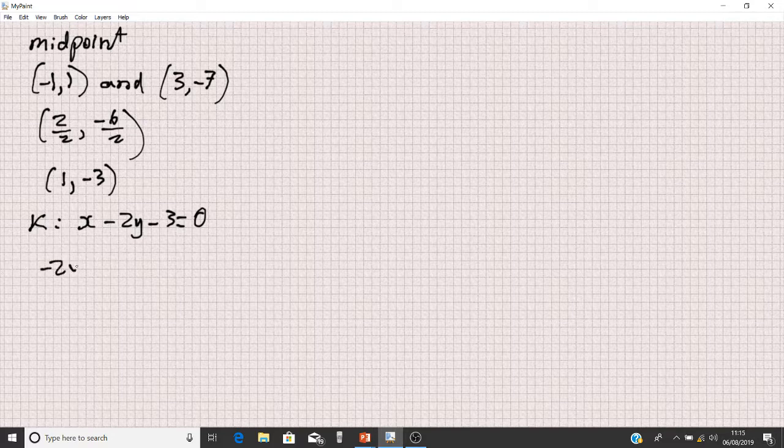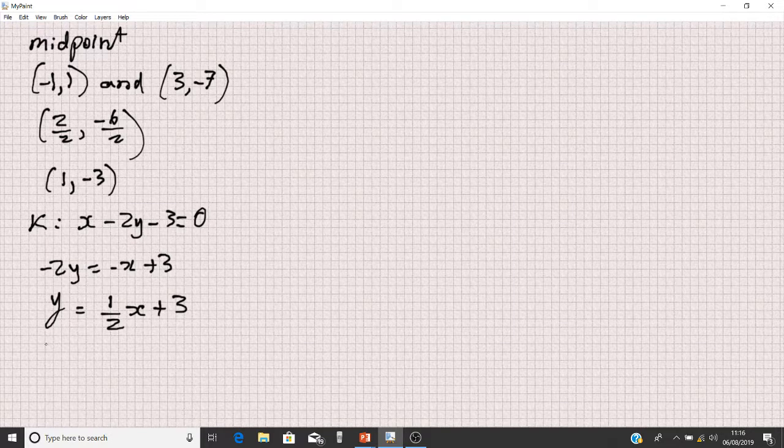So minus 2y equals -x plus 3, and y equals -1x divided by -2, which is +1/2 x, plus 3 over 2.